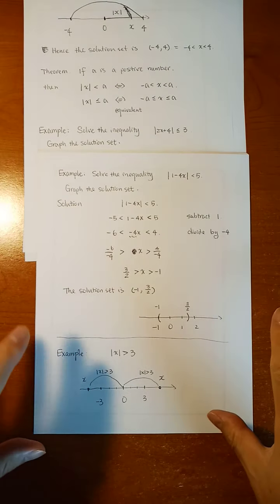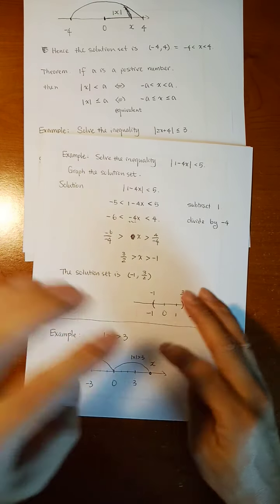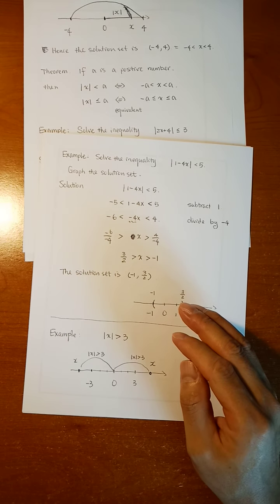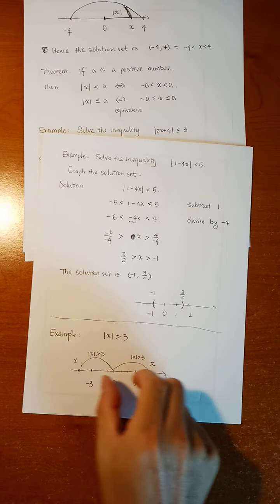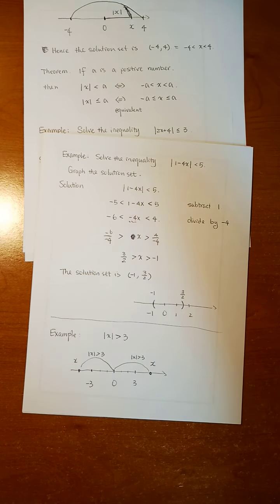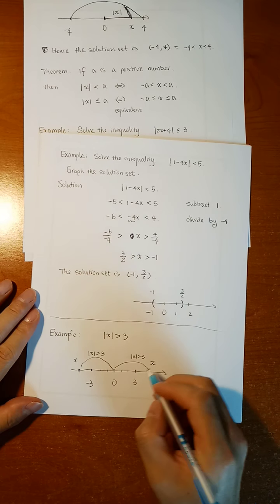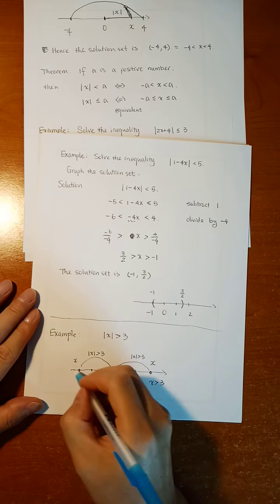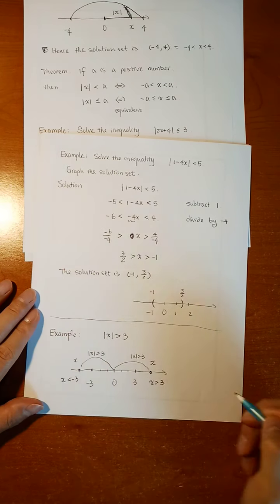Remember, whenever you do that, it is always symmetric on the right side of 0 and on the left side of 0, because absolute value does not depend on which side. It geometrically just measures the distance. So this part means it has to be bigger than 3. The left part of negative 3 should be x less than negative 3.